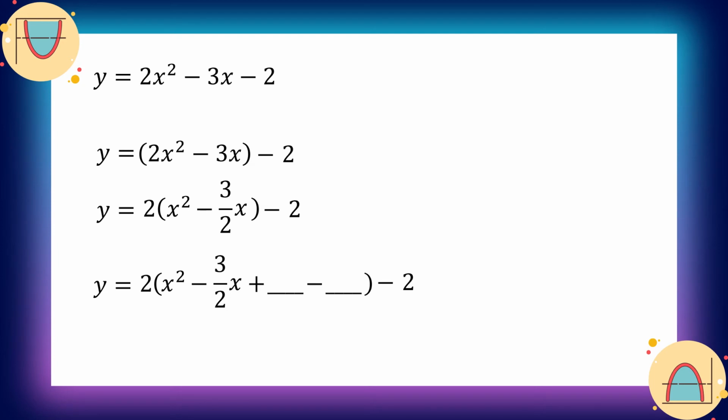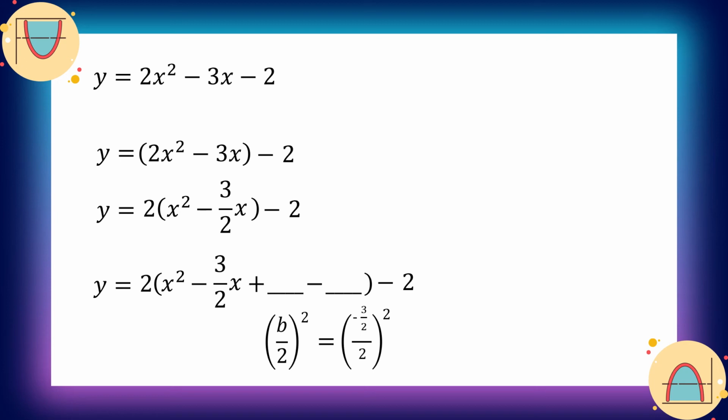To find the missing number, we are going to use the formula, the square of the quotient of b and 2. So that is equal to the square of the value of our b, which is negative 3 over 2, divided by 2.